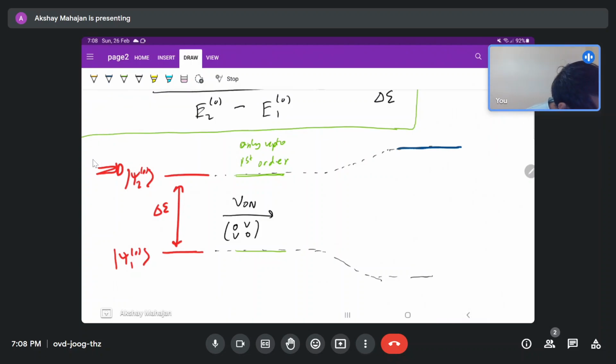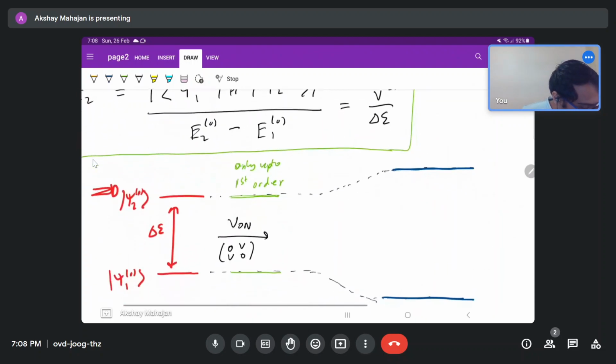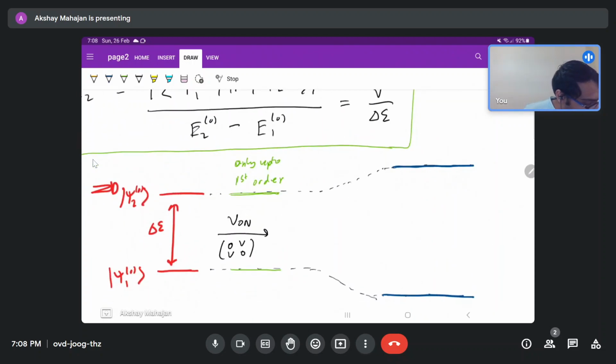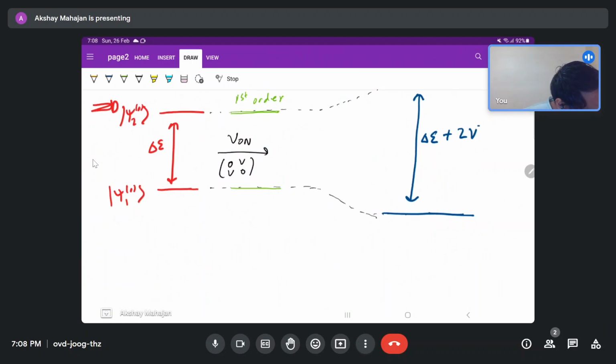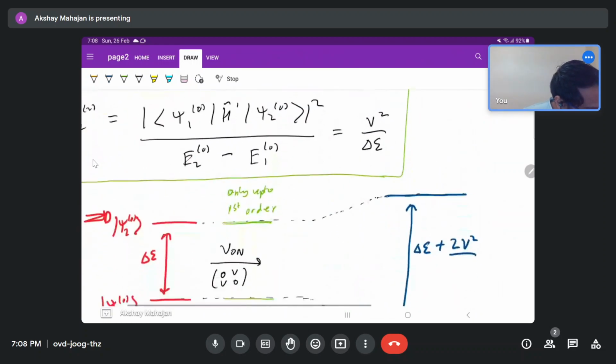These are our new energy levels, and this energy difference has now changed from delta epsilon to delta epsilon plus 2V square by delta epsilon.